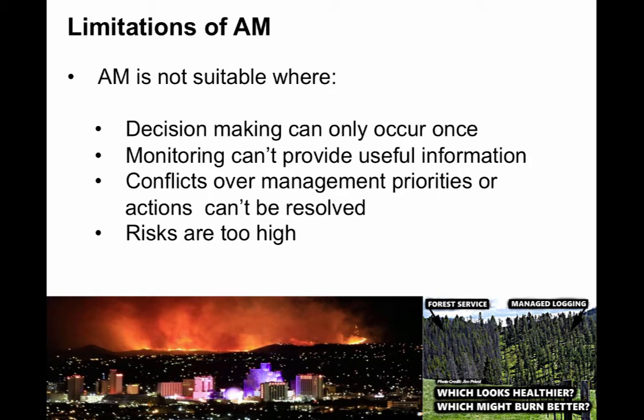And then finally, AM is really not an effective approach where the risks are going to be too high, right? And we may be moving into that territory with trying to introduce prescribed burning into many parts of the western U.S., especially around urban areas or urban centers, where we've seen more and more, especially here recently in California, a variety of wildland fire that's destroyed both lives and property.